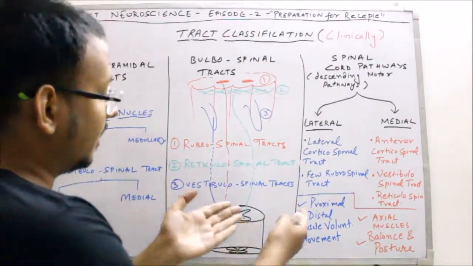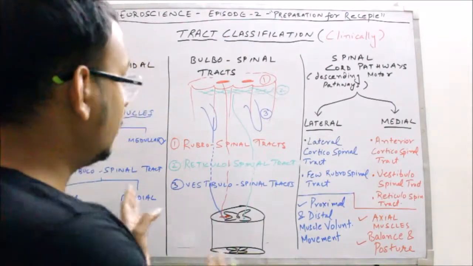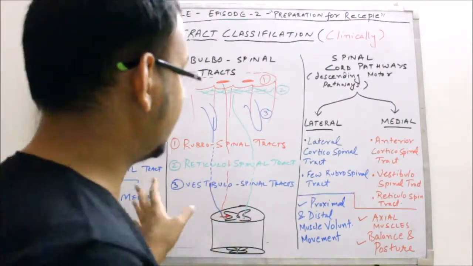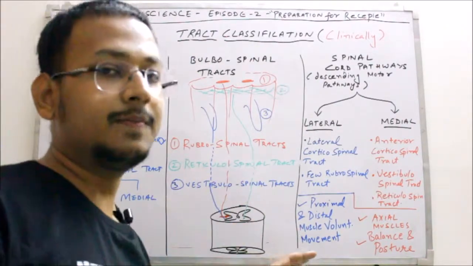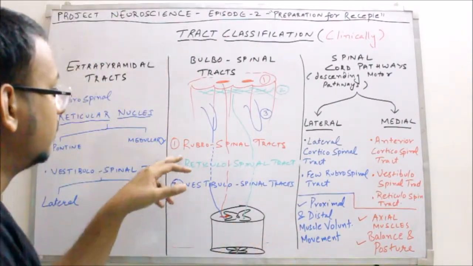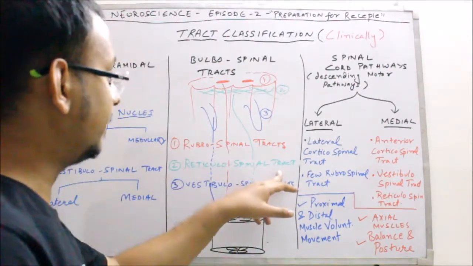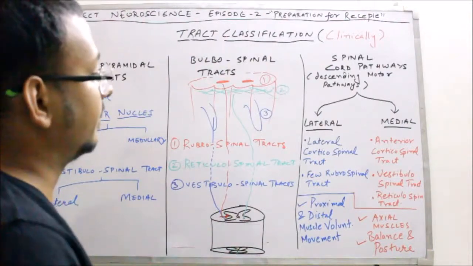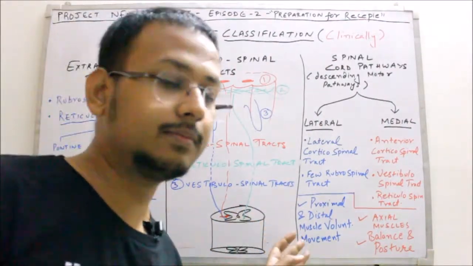These classifications are to make our comprehension better. You can find tracts which are common in all three classifications, but this will certainly help us in our next video. So it is the rubrospinal tract, which we already learned, the reticulospinal tract, and the third is the vestibulospinal tract, right? After studying them, we will be studying their functions.